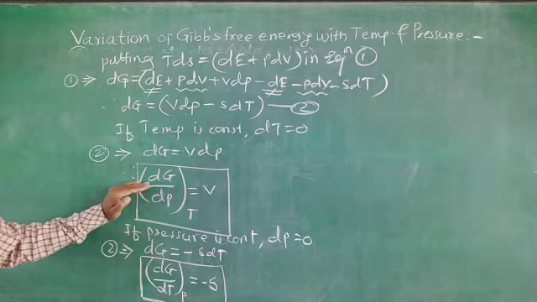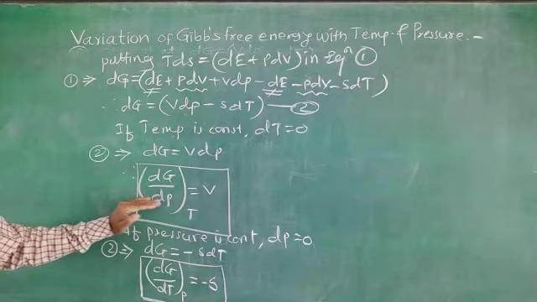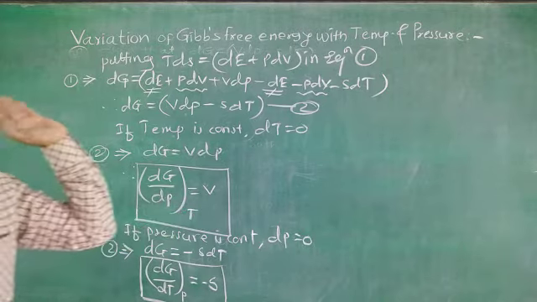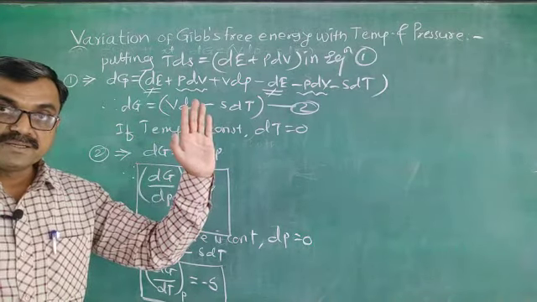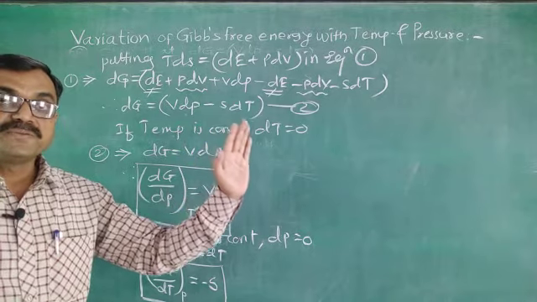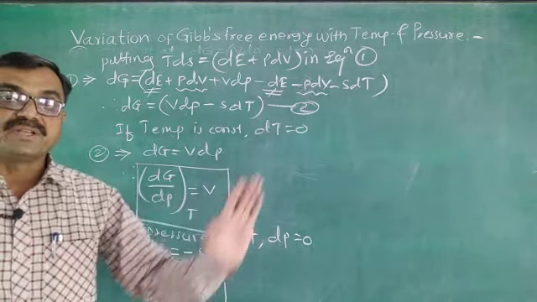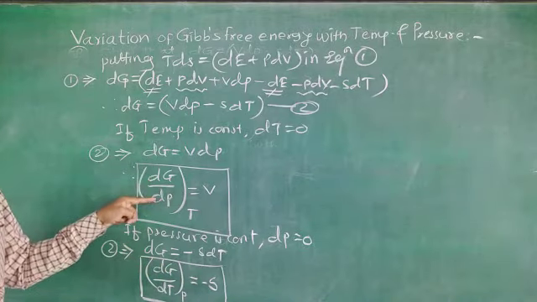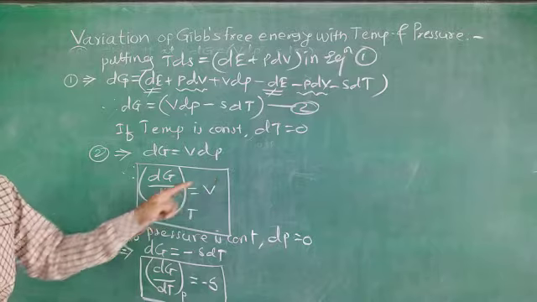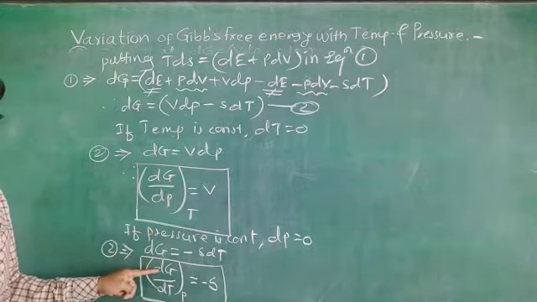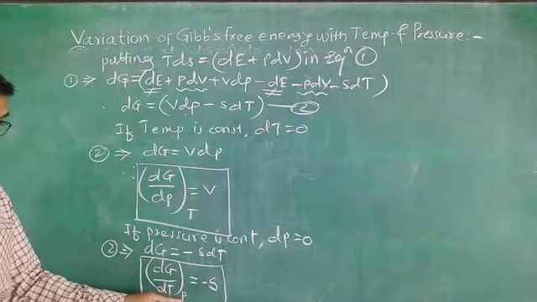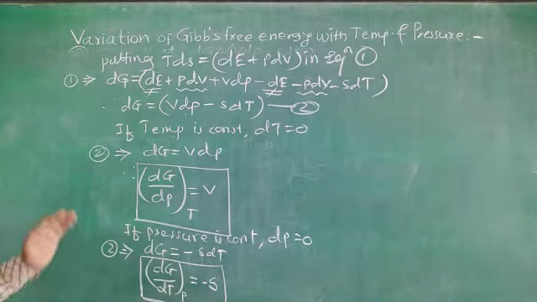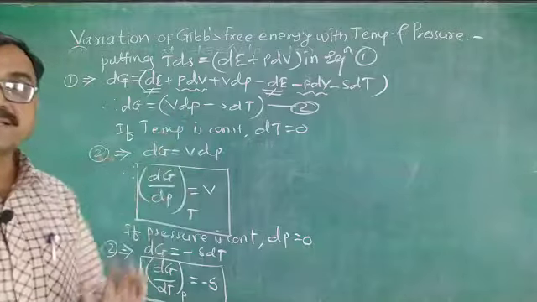And dG upon dP at constant temperature equals V is the variation of Gibbs free energy change with pressure at constant temperature. Theoretically, our statement is the variation of Gibbs free energy with pressure and temperature. If we vary Gibbs free energy with pressure, you get this derivation. If there is a variation with temperature keeping pressure constant, you get this derivation. Or show that dG equals VdP minus SdT.